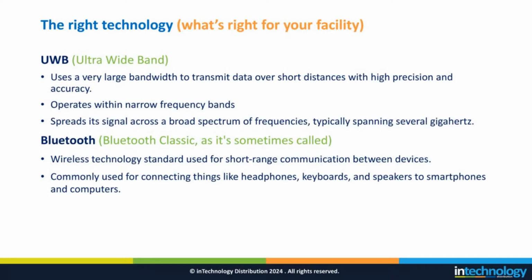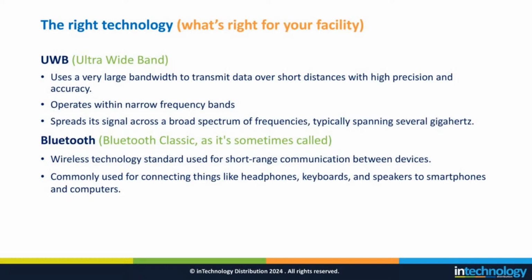Ultra wideband has been around for a while. It uses very large bandwidth to transmit data. It is relatively accurate. From what we've seen, it does operate within narrow frequency bands, and what it does is it basically spreads the signal across a broad spectrum. So it typically spans across gigahertz. It is a relatively older technology, but still new in the realm of RTLS.